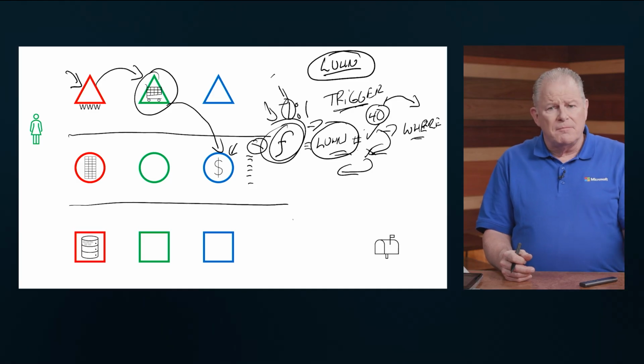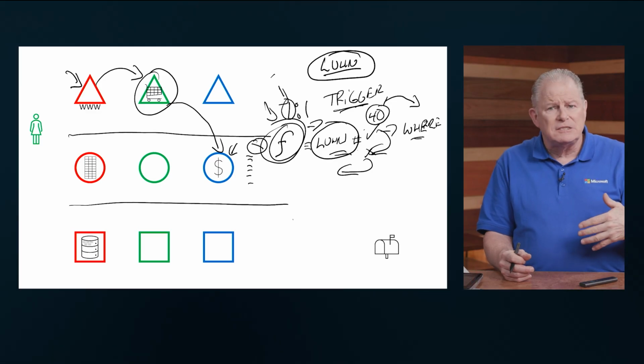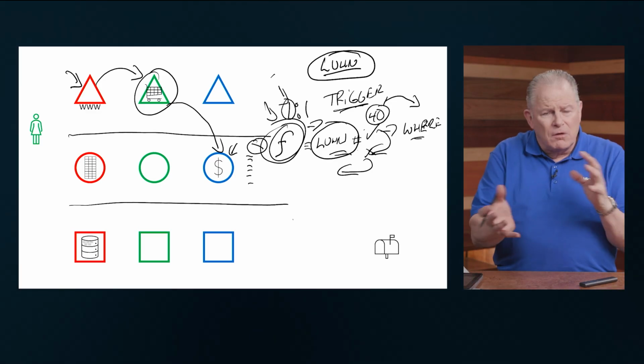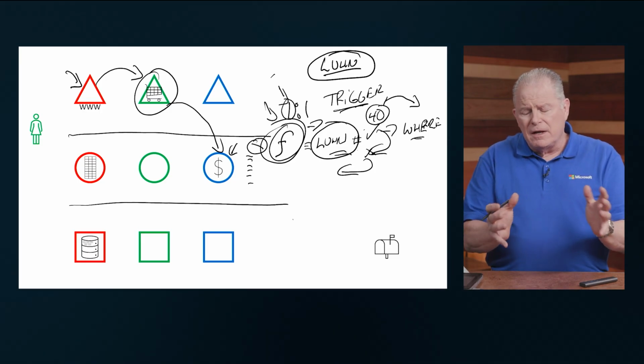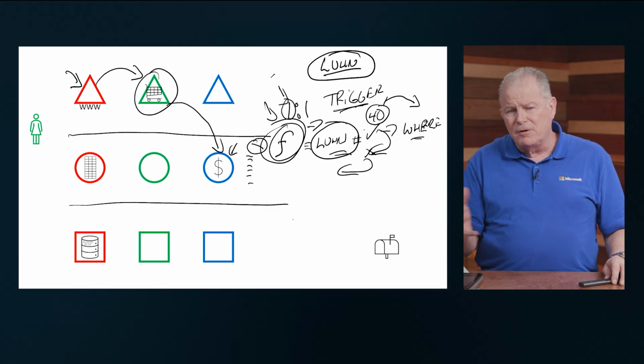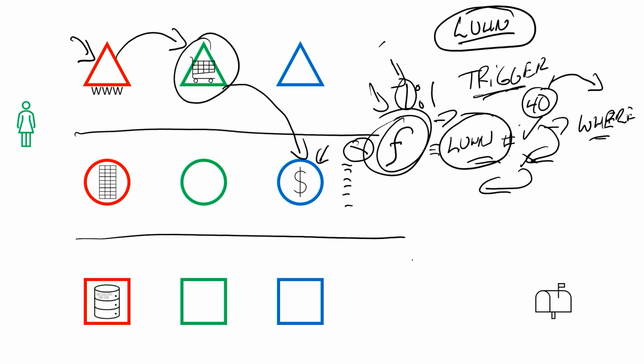Maybe they're paying by an agreement that says they've got 30 days to pay. So I don't have to run a credit card. So all sorts of reasons to do this. I don't want to go into them at this point, but in my example, I'm not going to build that in my application. I'm going to use it as a function that is called as part of my overall process.